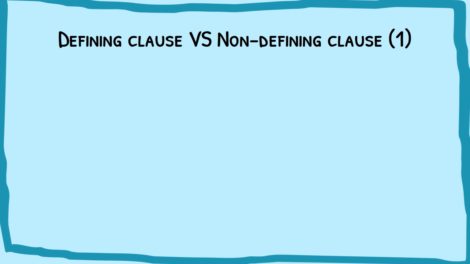Now this part, defining clause versus non-defining clause, is more for Form 2 or Form 3 students because they should know more about English, and they should have learned a bit about relative clauses.